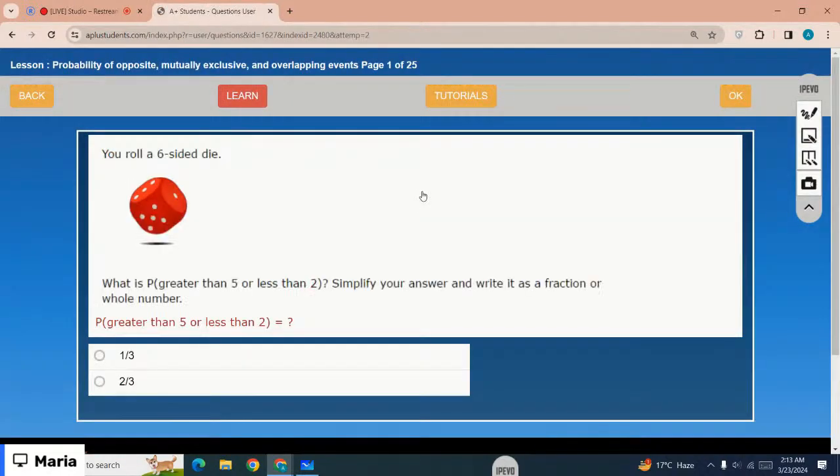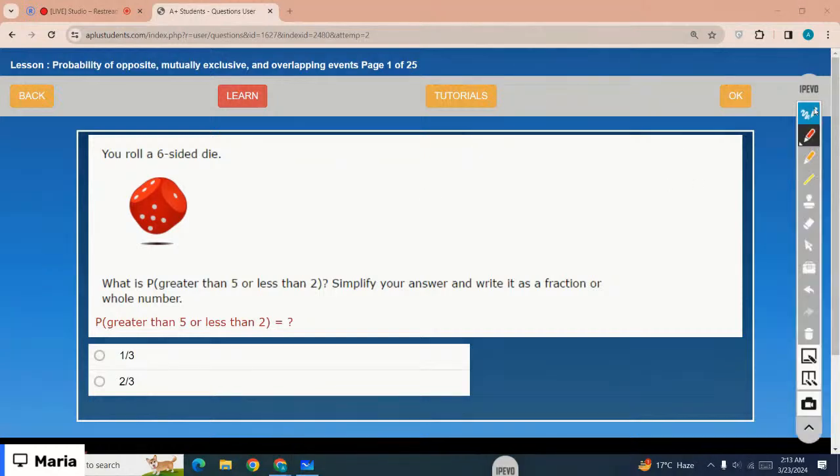Let's just start with the test question. You roll a six-sided die. What is the probability of greater than 5 or less than 2? Greater than 5 is only one number, 1 out of 6. These are mutually exclusive events, right? Because both events cannot occur at the same time.